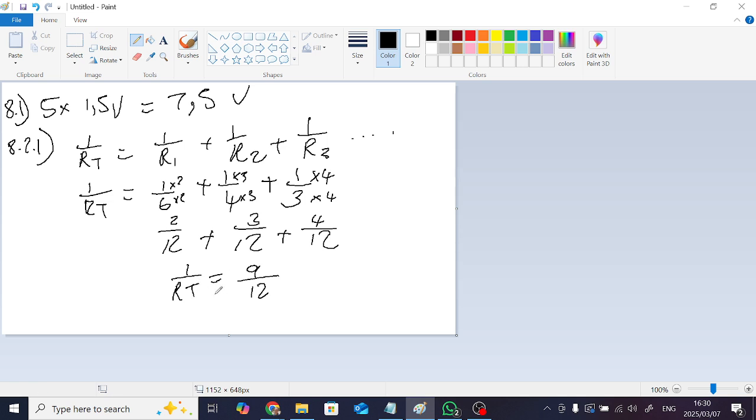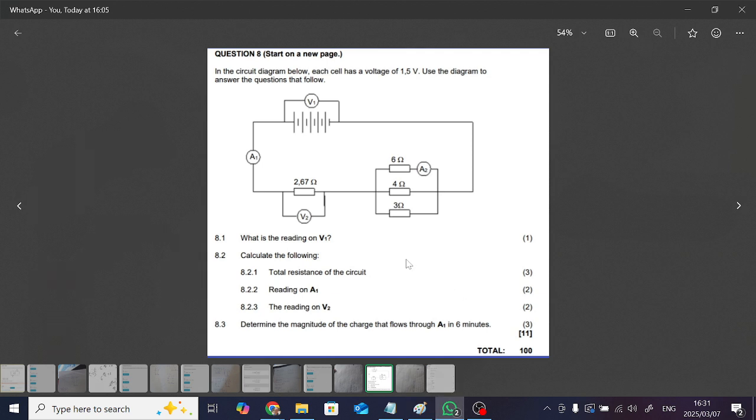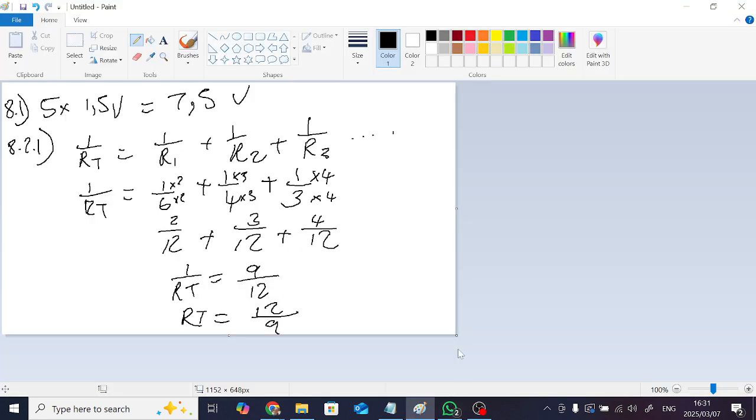So therefore RT is going to be equal to, if we multiply by the inverse, 12 over 9. And then we also have that one that's still in series, which is this one over here, 2,67. So we need to add that also.